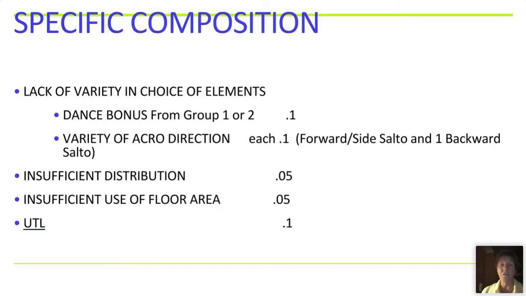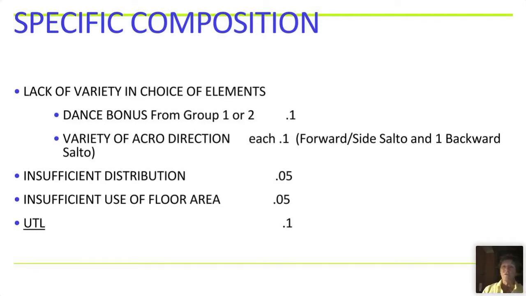We have specific composition, and these are the only compositions that can be taken in the NCAA program. A lack of variety and choice of elements, and this one's very specific: dance bonus from group 1 or 2, so it can either be a D or a connective value bonus. And a variety of acro direction.